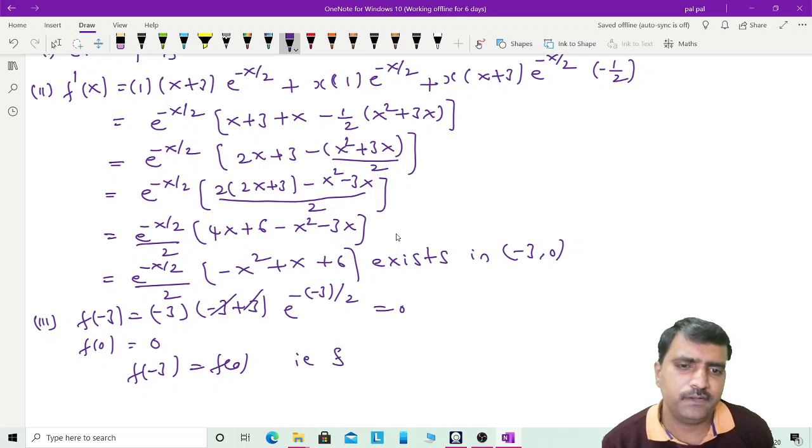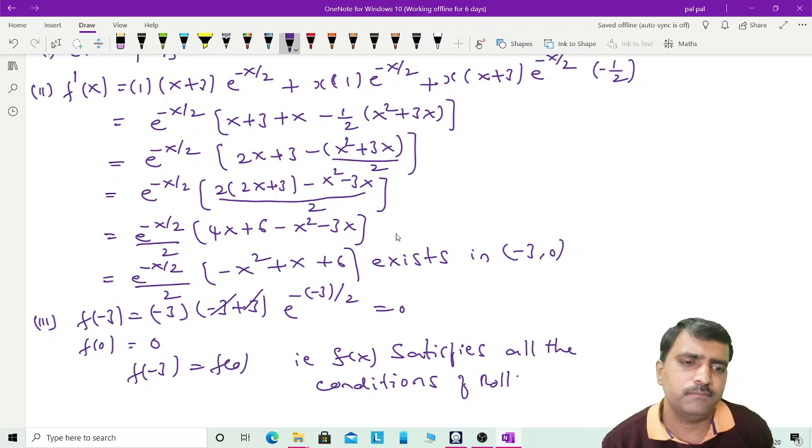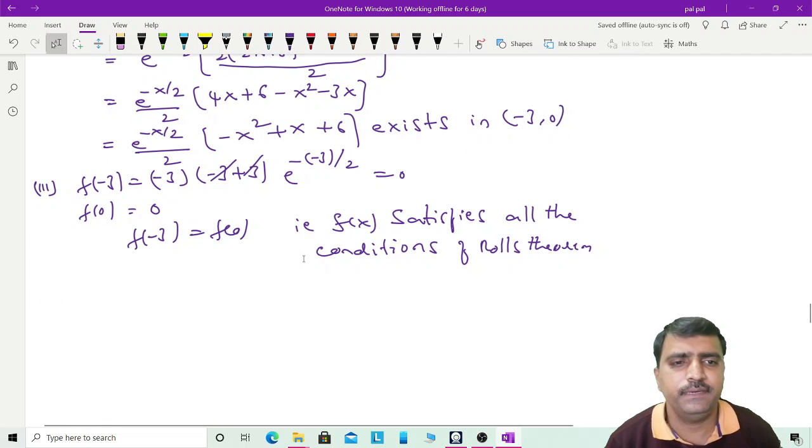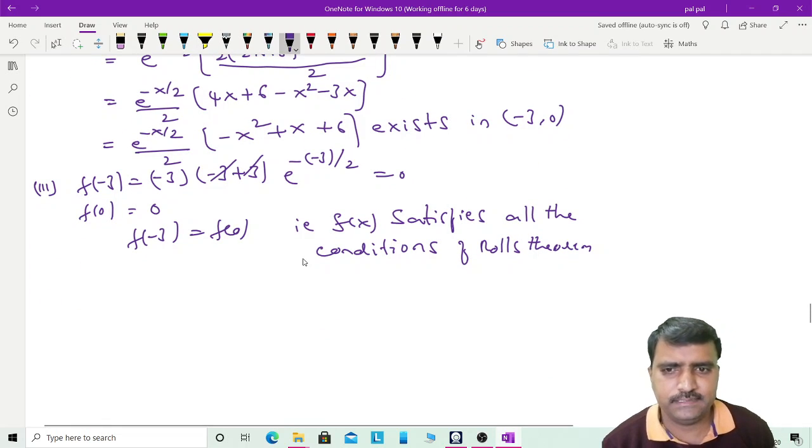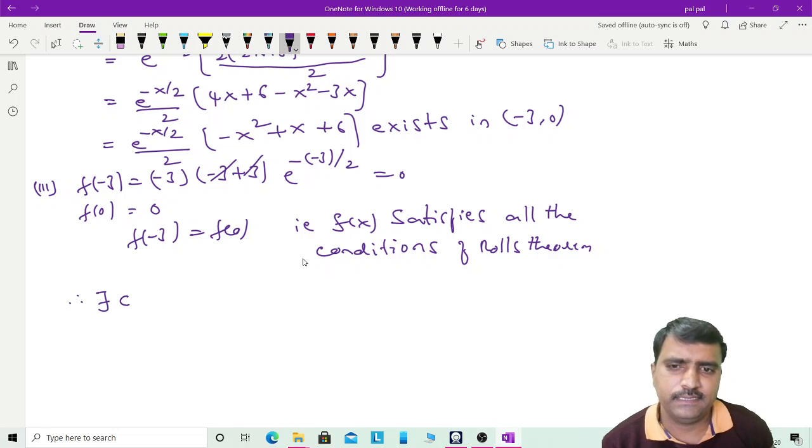So that is, f of x satisfies all the conditions of Rolle's theorem. So then according to Rolle's theorem, there must exist a point C between a and b such that, therefore, there exists C belongs to minus 3 to 0 such that f dash of C is equal to 0.